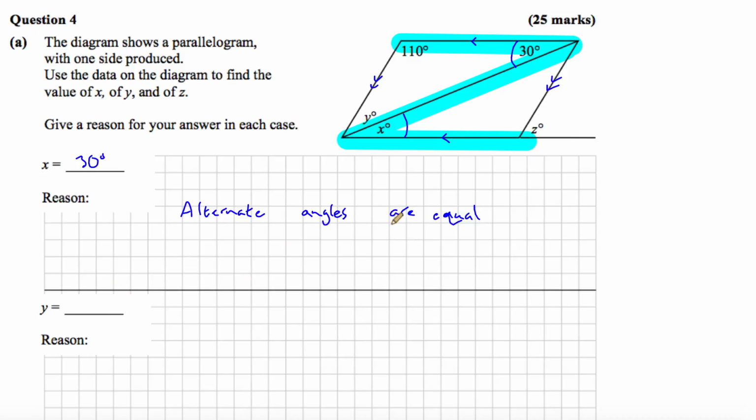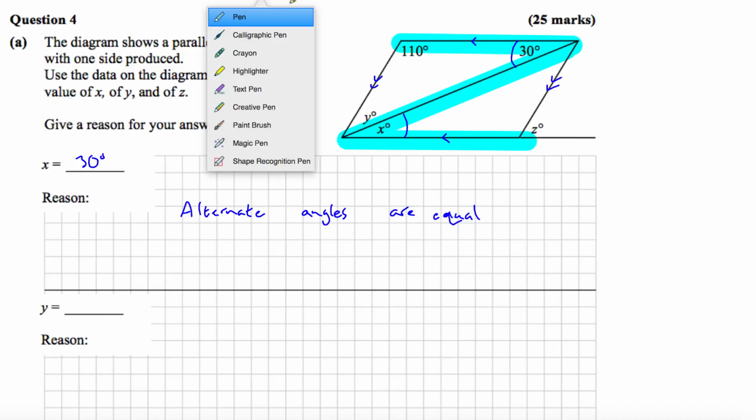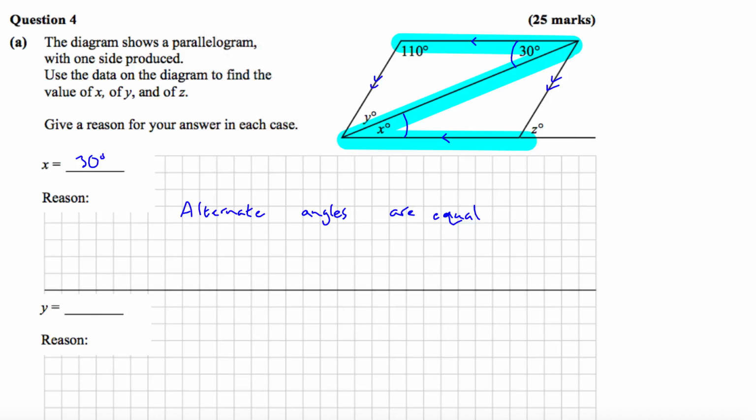Okay, so then we're looking for the angle y. Well, the angle y is inside a triangle. So we know that the three angles in a triangle add up to 180.